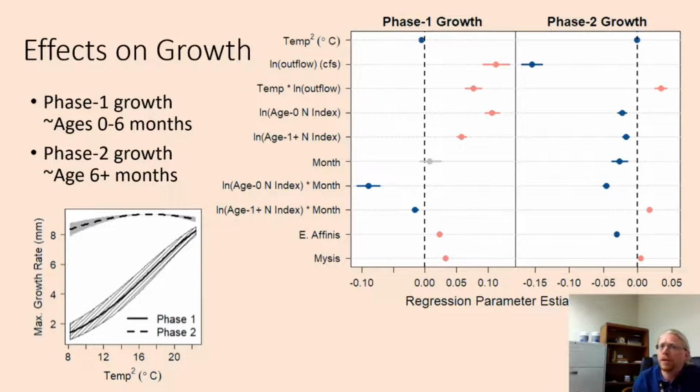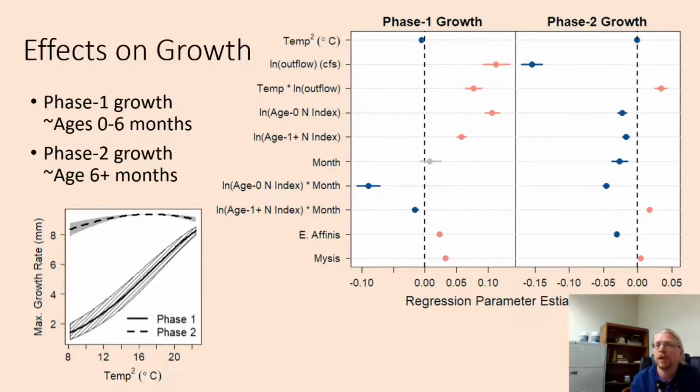If we take a look on top at temperature squared, we can see that for both phase 1 and phase 2 growth, we have negative relationships with temperature. Taking a step down to log outflow, we have a positive relationship with phase 1 growth and negative relationship with phase 2 growth. Taking another step down at temperature outflow interaction, we have positive interactions for both phase 1 and phase 2.